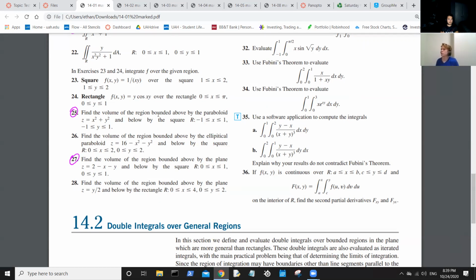So when it says find the volume of the region bounded, you simply do the double integral of that function, and we get the same trick here. We can just arbitrarily pick the order, even though this one's pretty easy. The other one is the same trick. Because z is a function, we can just do a double integral with dx and dy.